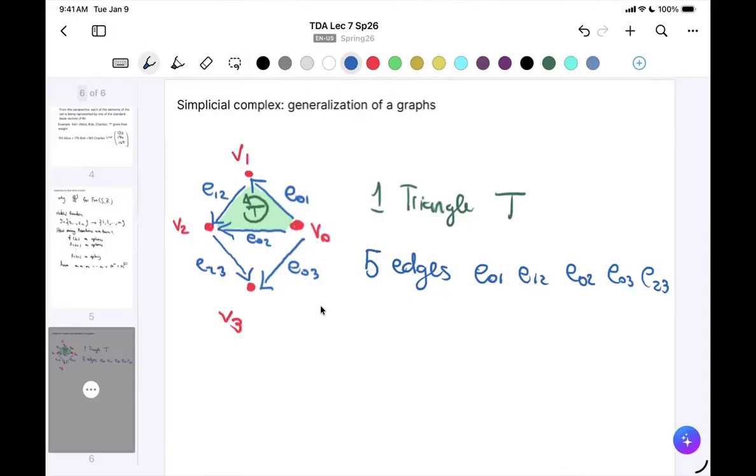So I just want a standard way to list them. And then we end up with 4 vertices, which are ordered in the standard way: V0, V1, V2, V3.